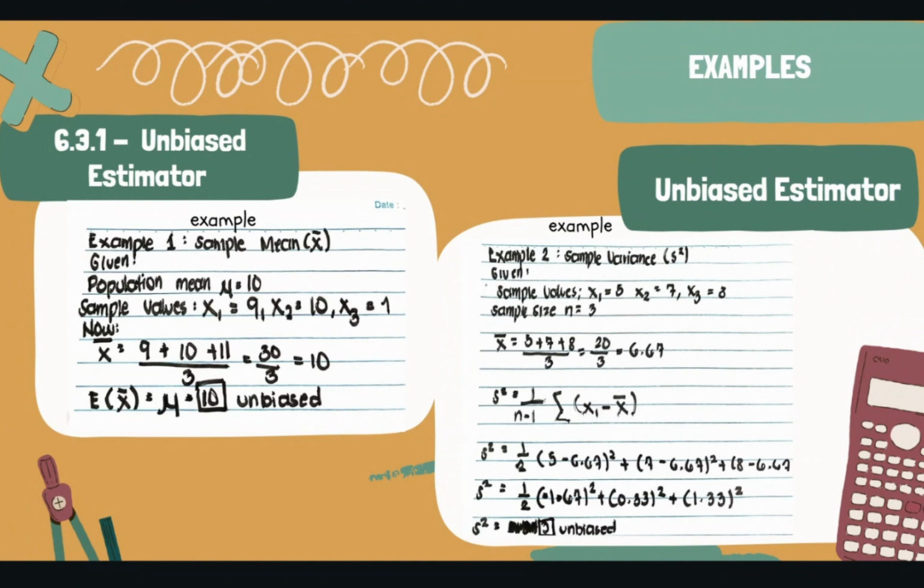If you solve this, it is equal to 3. As you can see, the 3 is the same as the population variance, so we can call it unbiased.